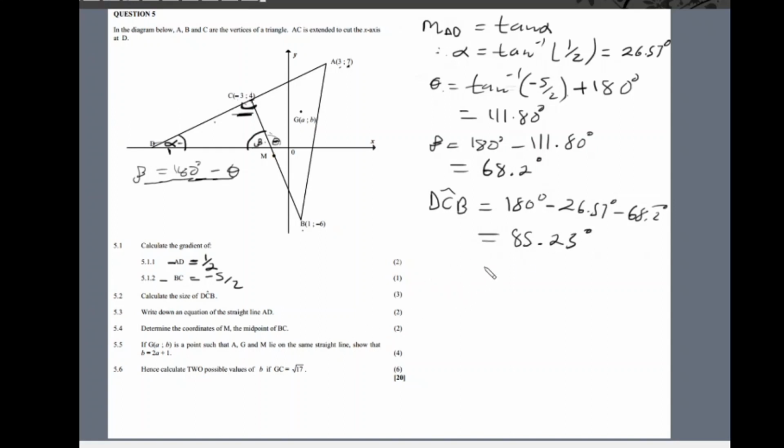Okay, so this angle is equal to 85.23 degrees. Right, and then we're done with 5.2.